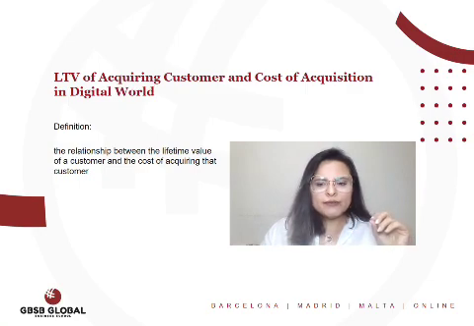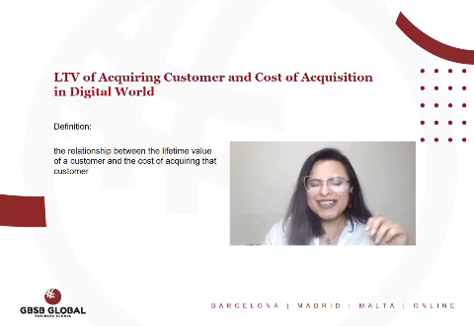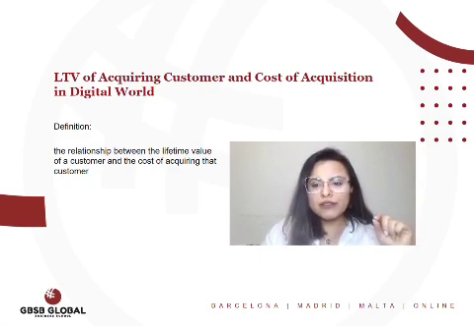Our last section for the session is the relationship between the lifetime value of a customer and the cost of acquiring that customer. So the ratio is the customer lifetime value (LTV) to customer acquisition cost (CAC) ratio.